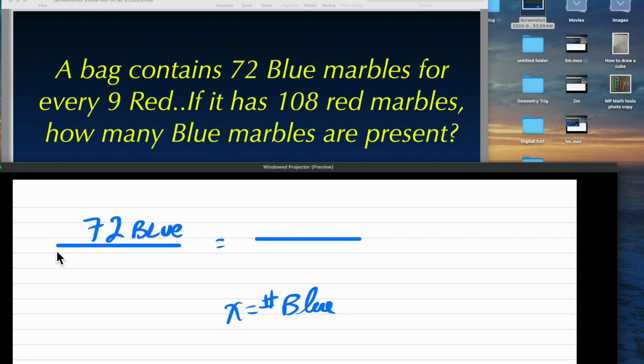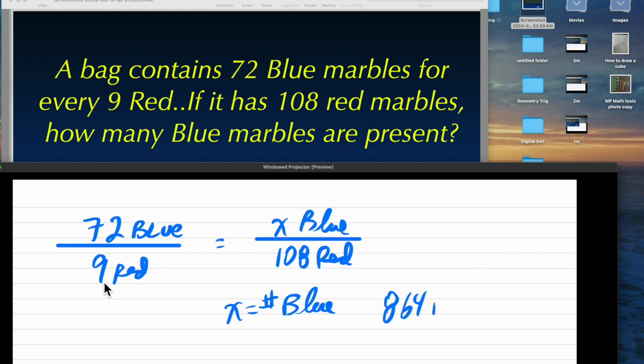That translates to fraction line. 9 red on the bottom. X blue is going to be on the top. And 108 red. That's part 2 in terms of what they give you. We're going to do 72 times 108 divided by 9, and the answer is going to be 864 blue.